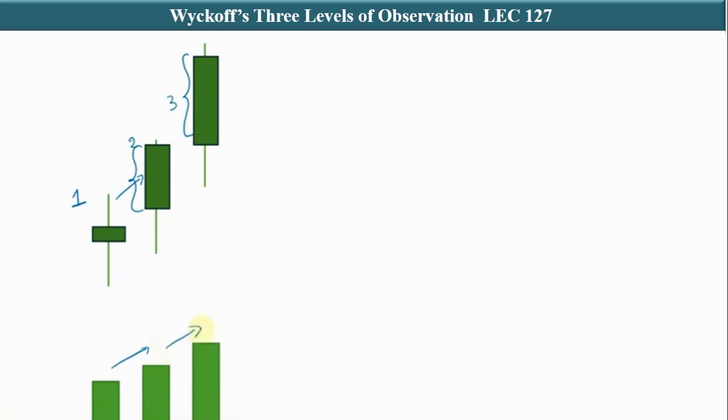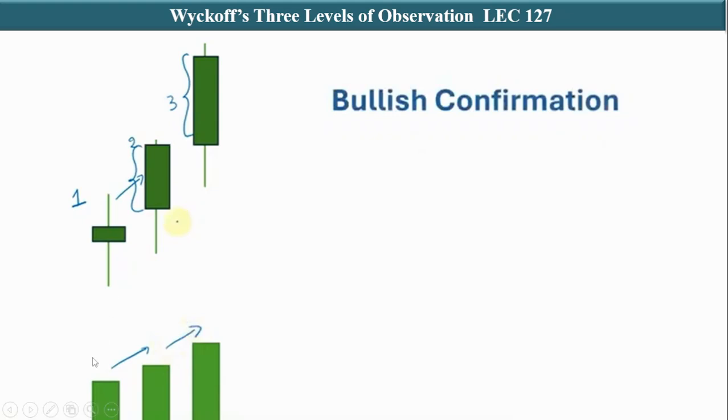What happened on day 3? On day 3, the candle is even wider than day 2 and the volume continues to rise. When both price and volumes move upward together over consecutive sessions, it confirms bullish confirmation, isn't it? Why? Because on day 1 we have a green candle with particular volume.